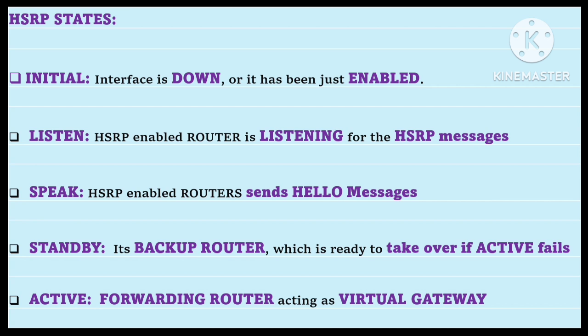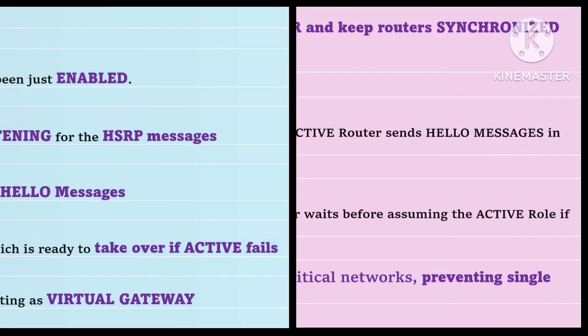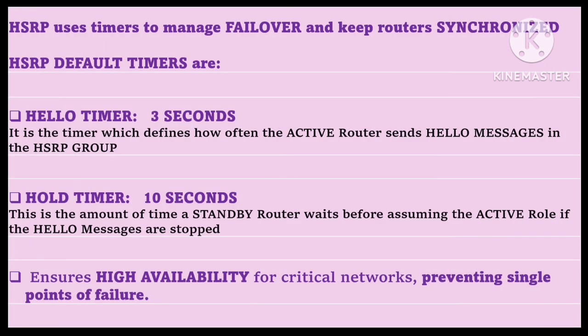After the election process gets over, one router will be identified as active, another as standby. And as I told, the active state is the forwarding router, which forwards the traffic acting as a real gateway inside your virtual gateway using the virtual IP address.